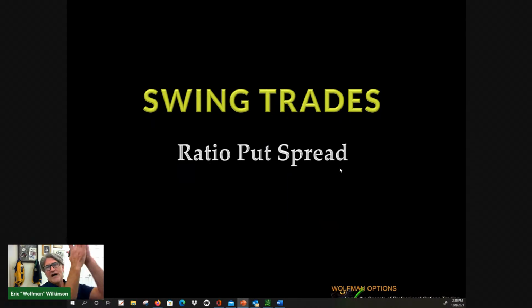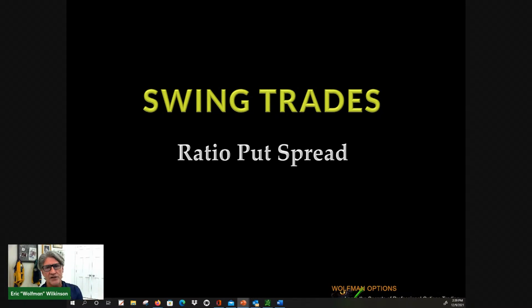I want to take advantage of this bearish move, but I want to layer onto it a little bit so that in case this market jukes back and shoots higher, I don't lose any money on it. Remember, if you're doing a long put spread to take advantage of a bearish move, you pay a debit for it. So if the market goes the wrong direction, or at least from what you thought it was going to do, then you lost all that money.